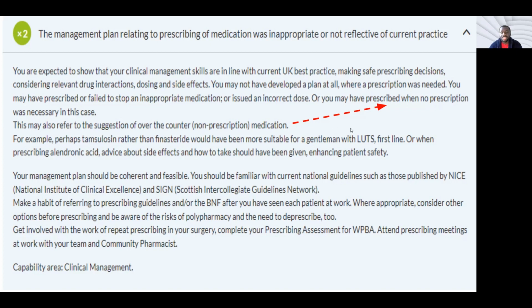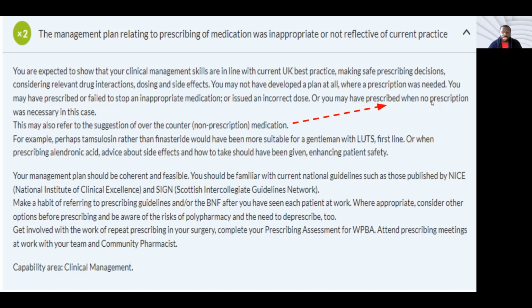So what happens here is that maybe a colleague of yours prescribed the wrong medication for a patient, and maybe the patient didn't take it, but the patient read about it and decided that they don't think this medication is right for them, and they've come to complain or clarify, and possibly complain to you, and you've received their complaint and handled the issue, but you haven't clearly stated that they shouldn't use that medication because it could be harmful or inappropriate. So you need to clearly state that, this was a wrong prescription. I want you to either discard this or give it to the local pharmacist who knows exactly what to do with that medication, but don't take that medication. You need to clearly state that.